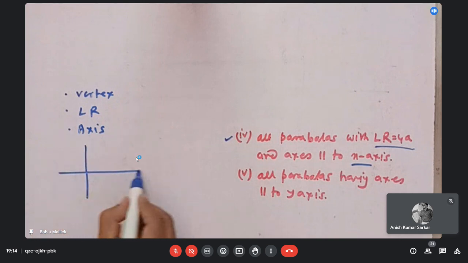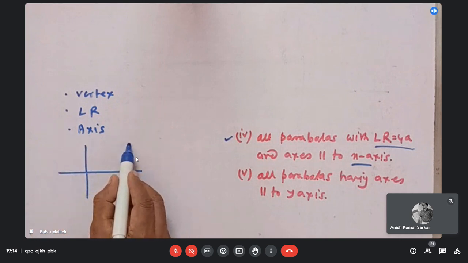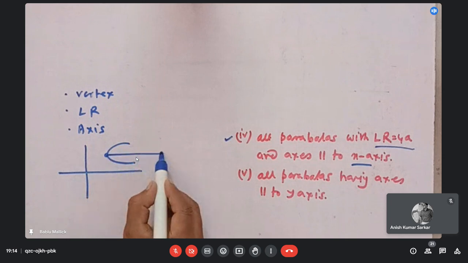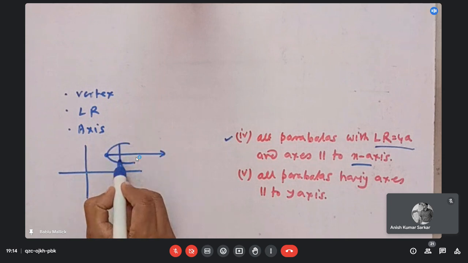Suppose this is a parabola. This is the vertex, this is the axis, this is the latus rectum.